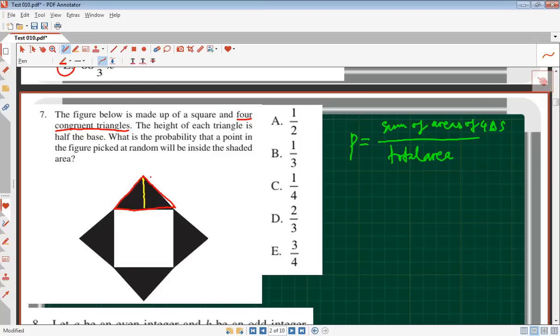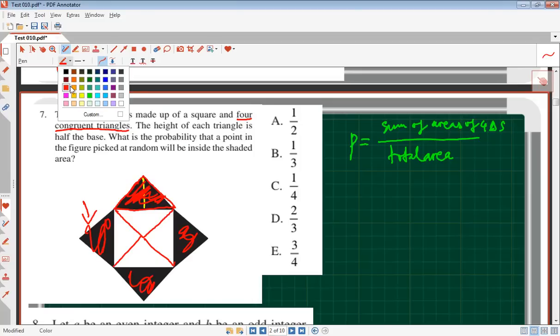Then we fold it into the square. We erase this and do the same to this triangle. We have this one, this one. That means the sum of the areas of the 4 triangles equals half the area of the square, and then the probability is 1/2. Option A.